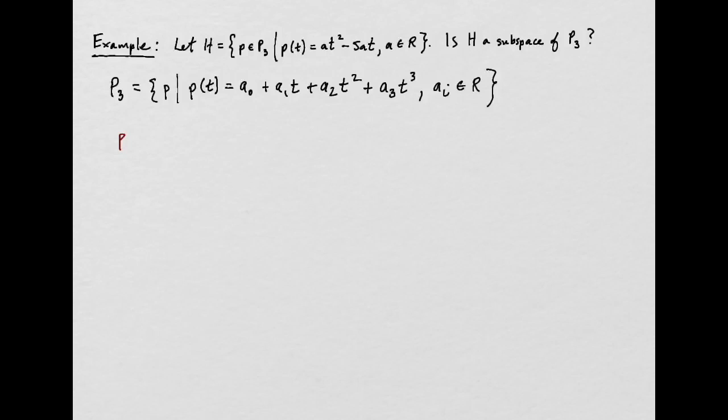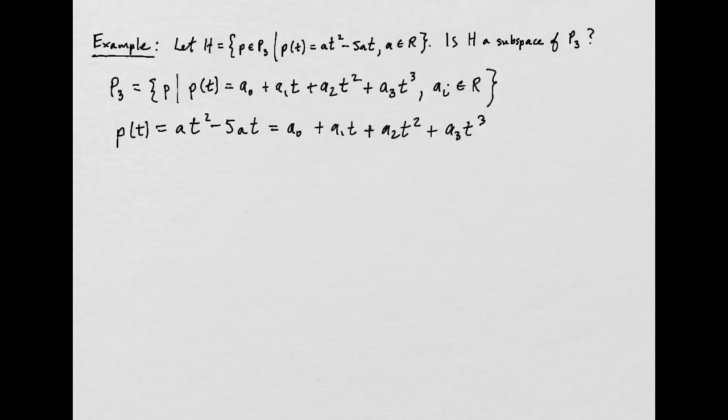Say p of t equals at squared minus 5at, and that has to be equal to a0 plus a1t plus a2t squared plus a3t cubed.